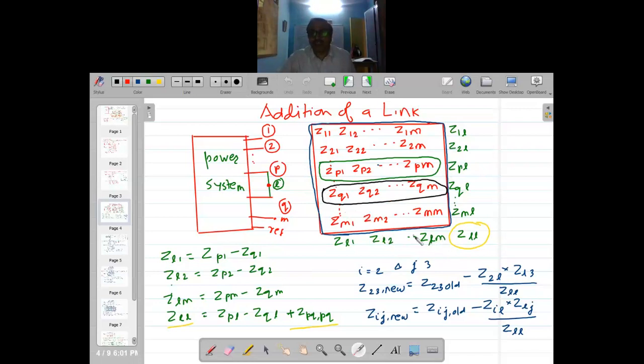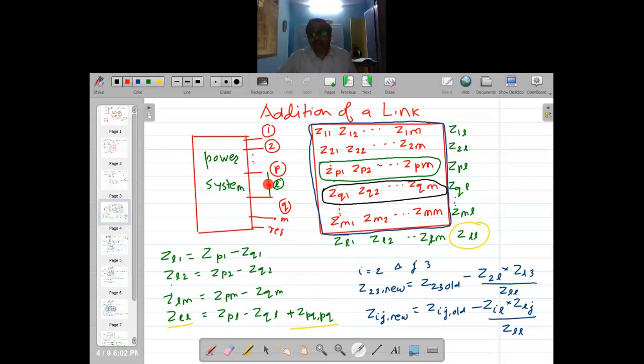And similarly, the transpose of this will be here. And then ZLL is ZPL minus ZQL plus ZPQPQ, which is the self impedance of the link which is connected between P and Q.